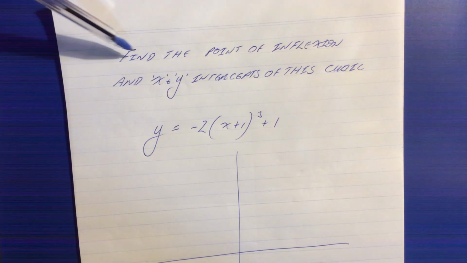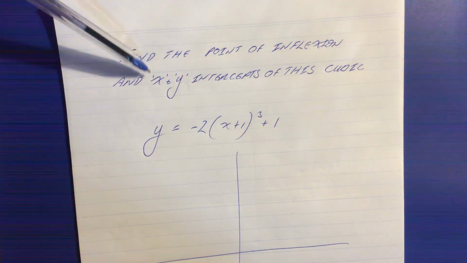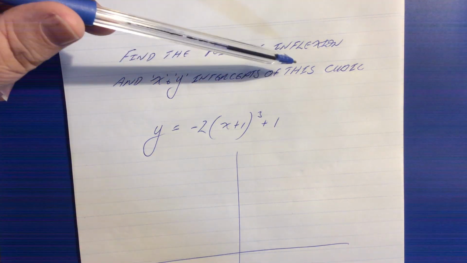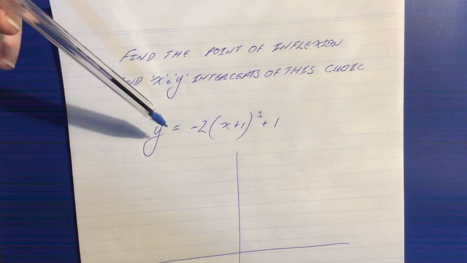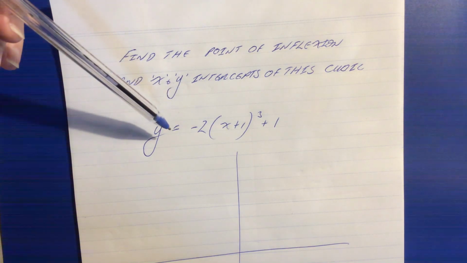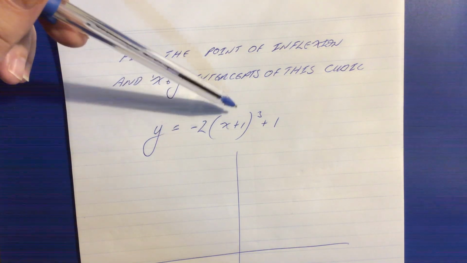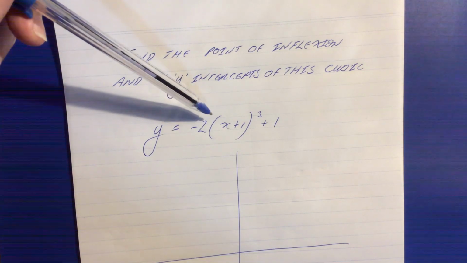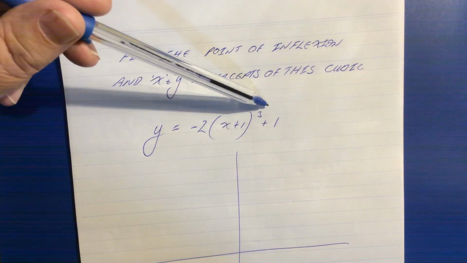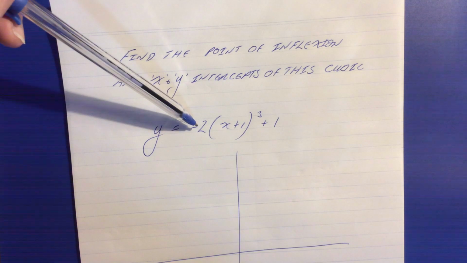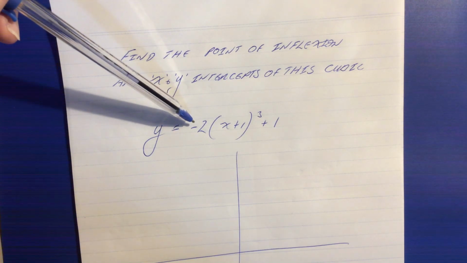Today we're trying to find the point of inflection and the x and y intercepts of this cubic. Now it's written in a particular form, and those of you who are familiar with quadratics would recognize this type of equation.